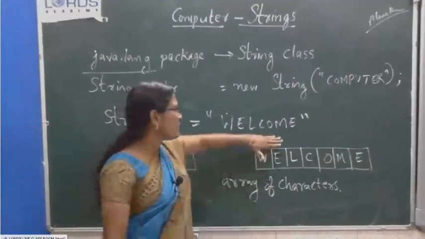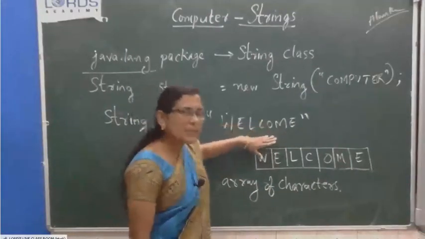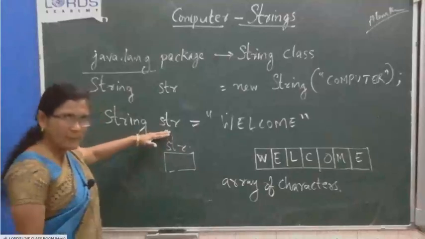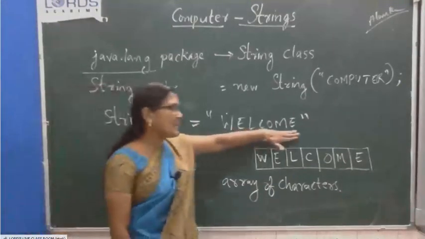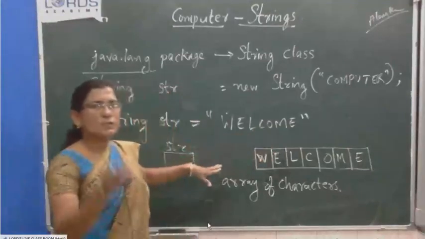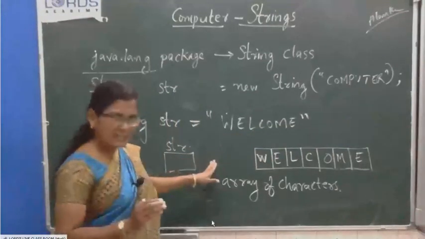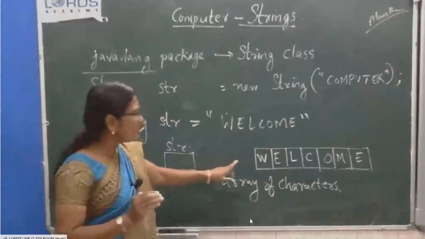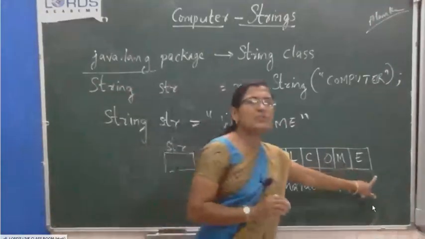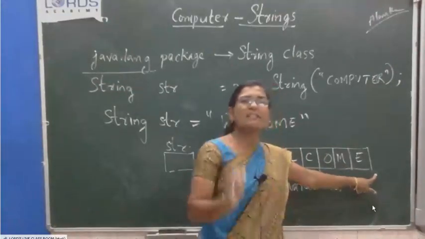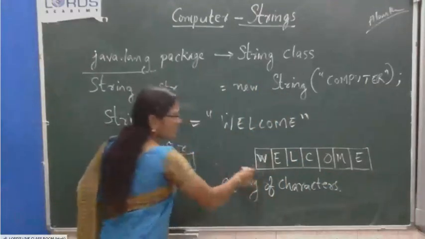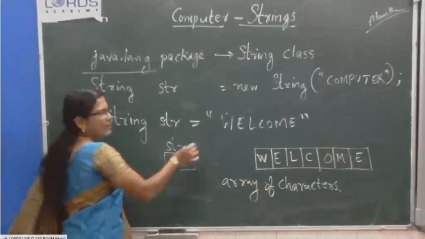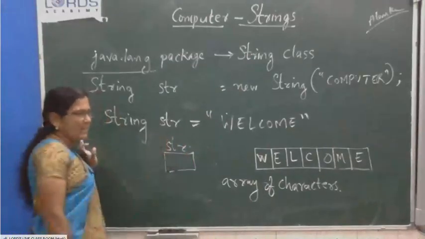So, when you store a string constant in a string variable, what happens in the memory is, to accommodate all the characters in the string constant, that many storage locations will be reserved continuously. And the address of the first, starting storage location will be stored in the variable str.